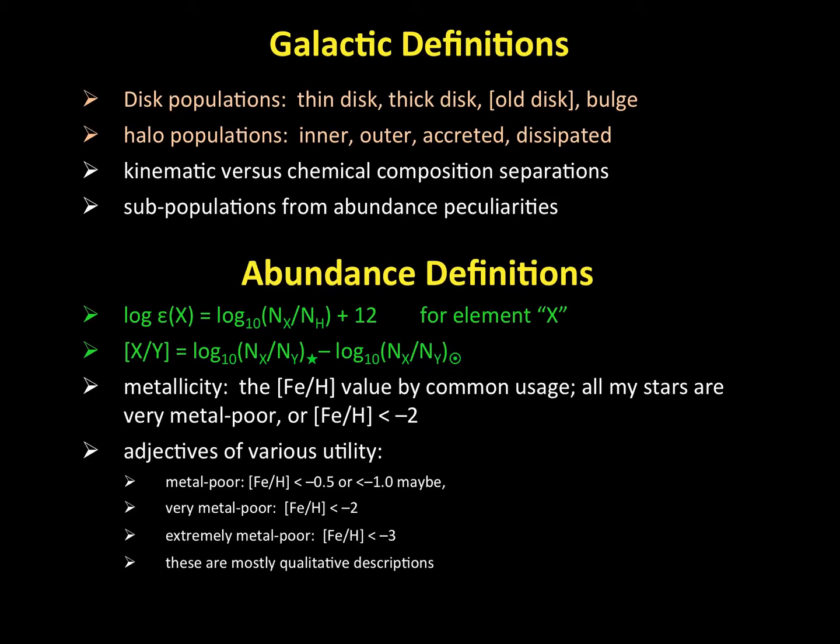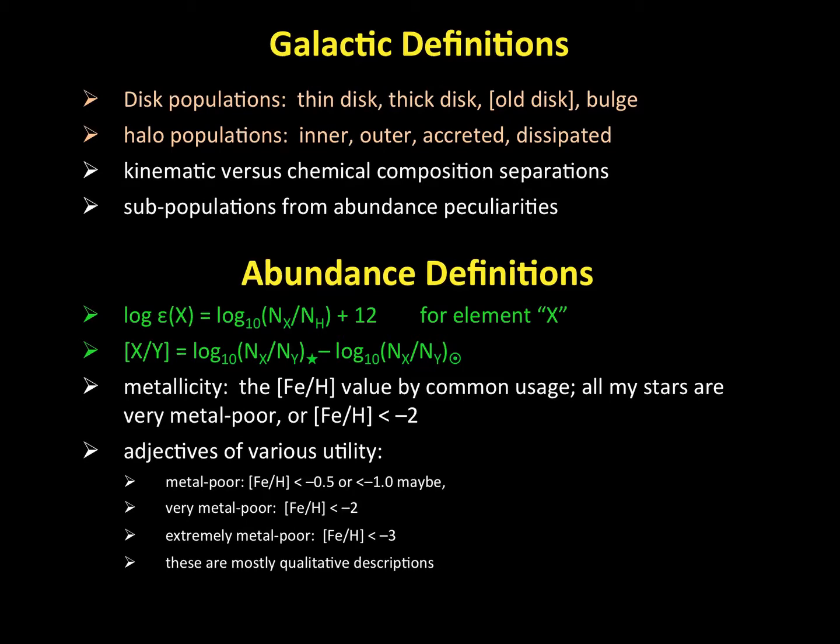Abundance definitions are by now pretty standard in all stellar spectroscopy, but coming from nuclear physics, you may find them relatively new. The one that most people know already is the bracket notation, X to Y, which is basically a comparison of the number density ratio, logarithmically, in a stellar atmosphere compared with that same ratio in the atmosphere of the sun.